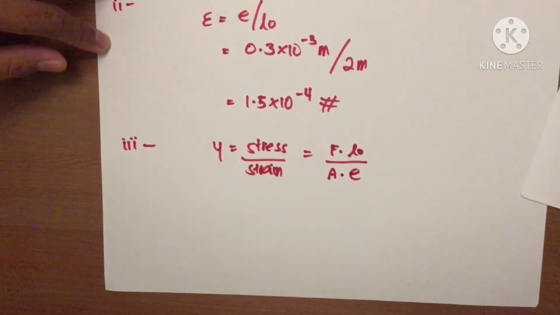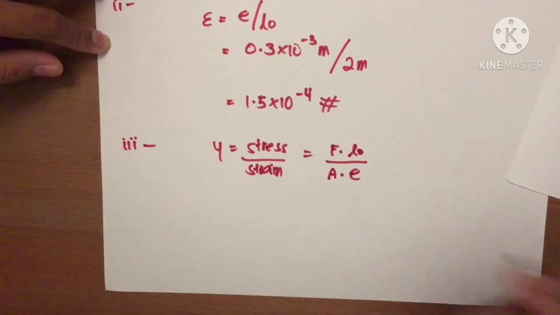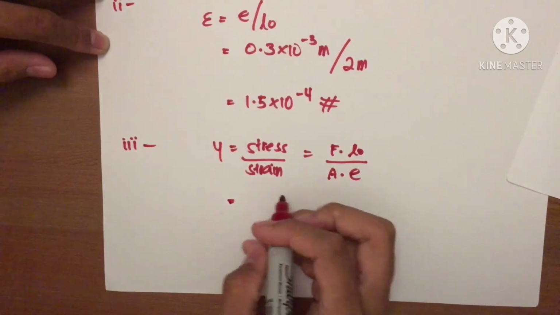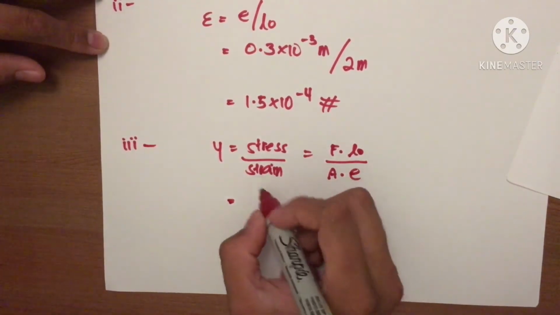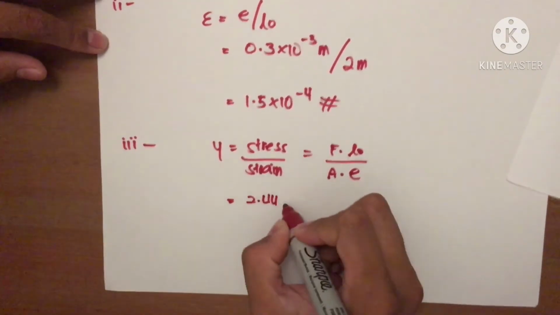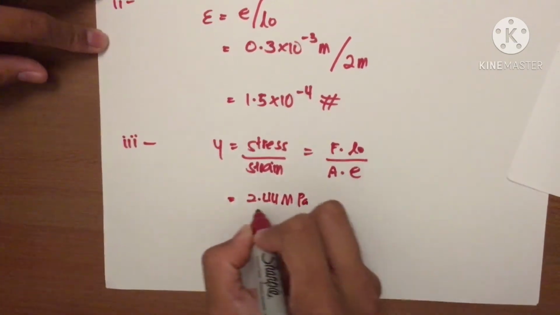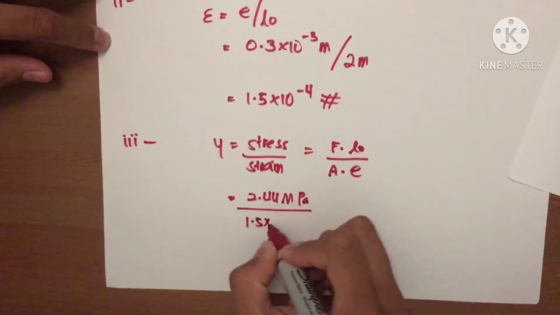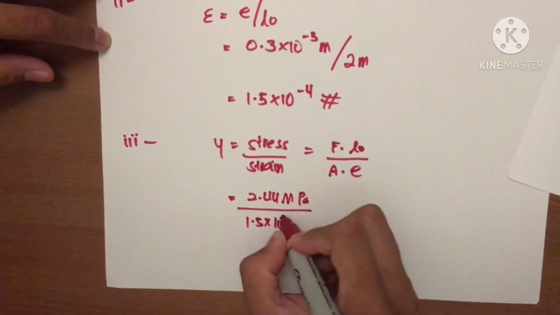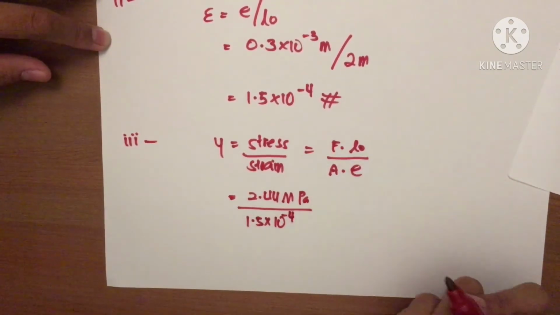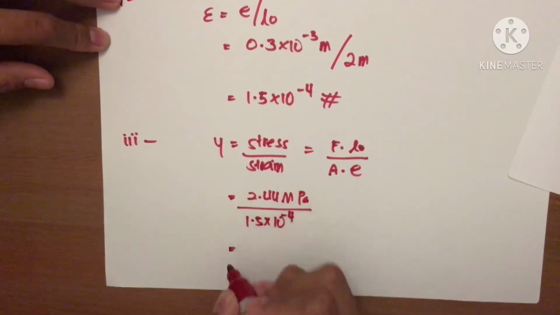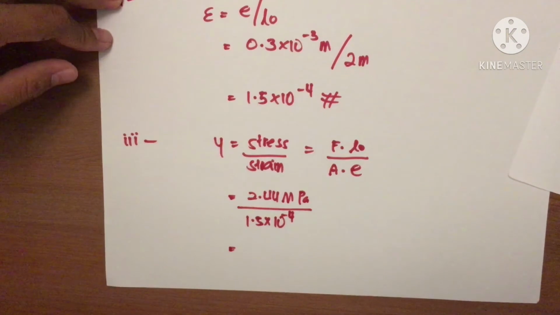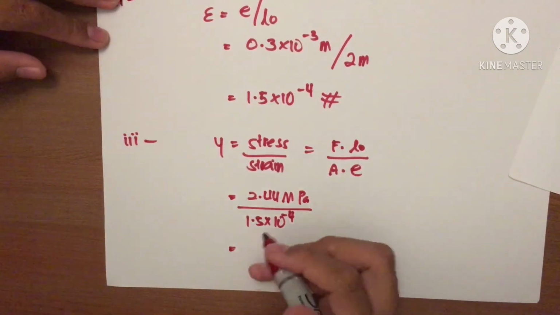We have all the values here, so we can just divide by the values we found just now. The stress is 2.444 megapascal over the strain, which is 1.5 times 10 to the power of negative 4, without units.